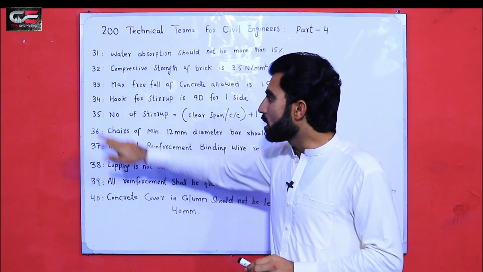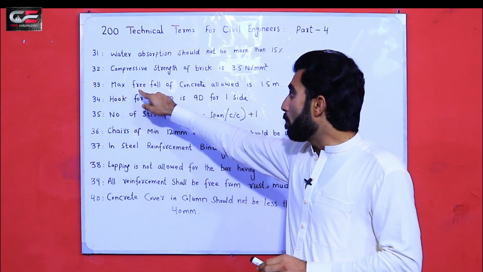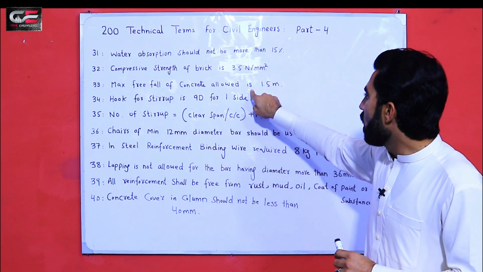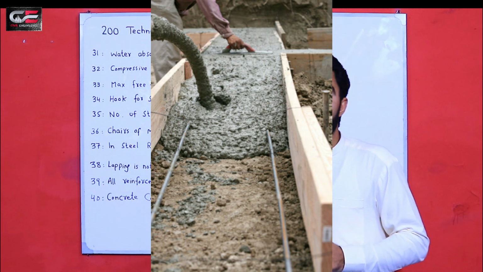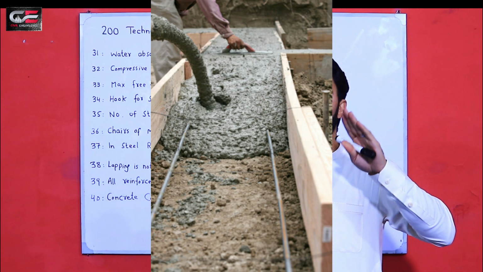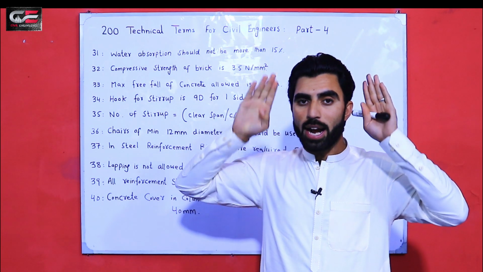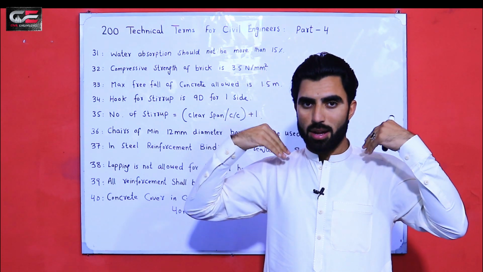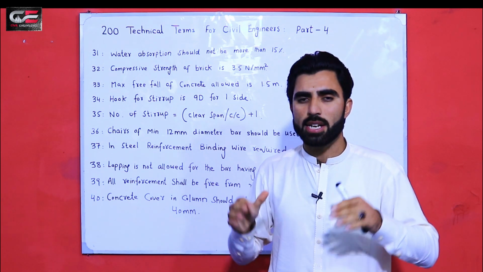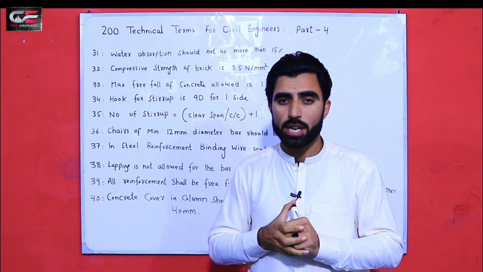The term number 33 shows the maximum free fall of concrete allowed is 1.5 meter. This is when we drop the concrete from a height during concrete placing or concrete pouring in a slab.